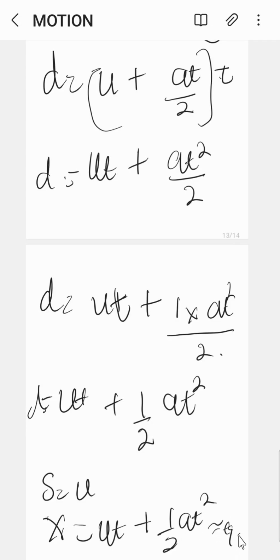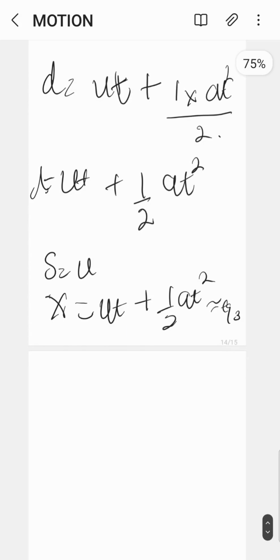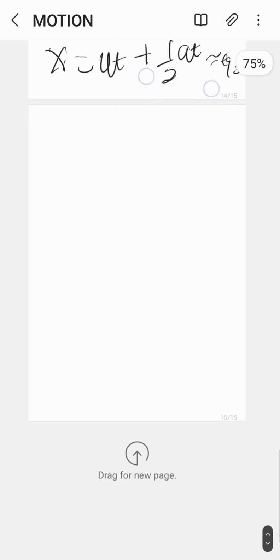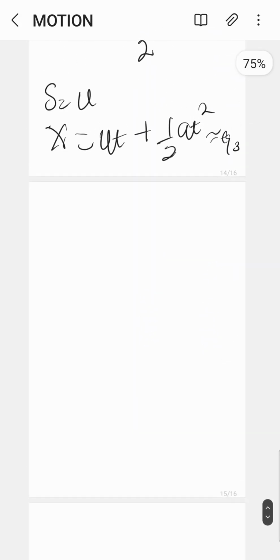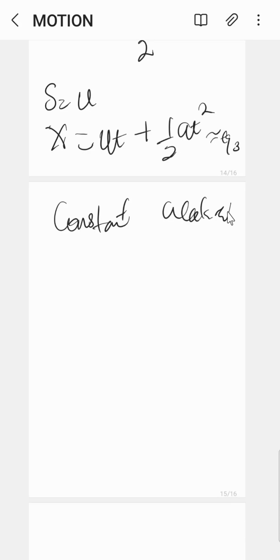This is equation 3. Now we have found all three equations that help us find other variables when it comes to questions to do with constant acceleration. Having learned those, in case you forget or you don't memorize, because I definitely disagree on memorizing, if you ever forget, you can literally derive these equations on your own.